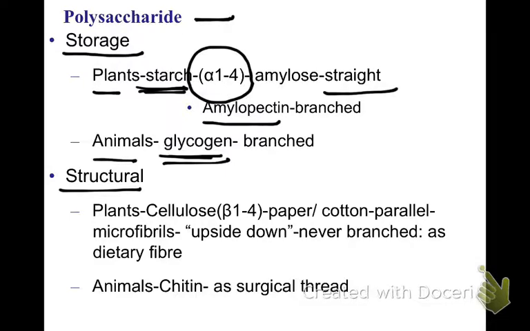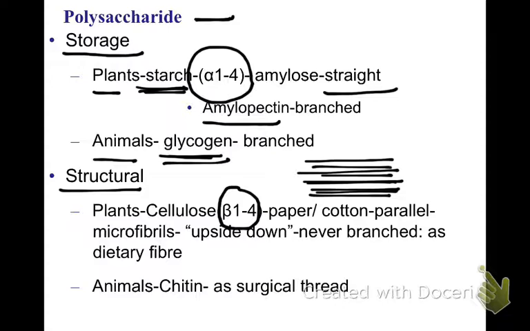In glycogen, it is almost always branched. On the other hand, cellulose has a beta 1,4 linkage and the strands are parallel. They are never branched, and when they are held together by hydrogen bonds, that holds the entire strand together, and they also have the ability to absorb water. So your Turkish towels absorb a lot because they are made up of cellulose.